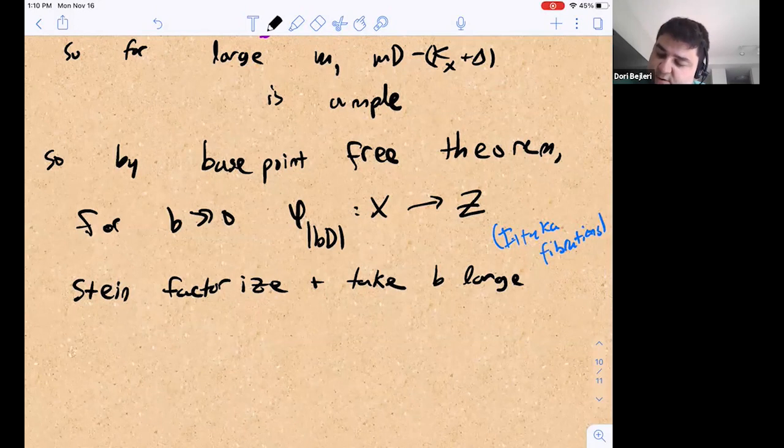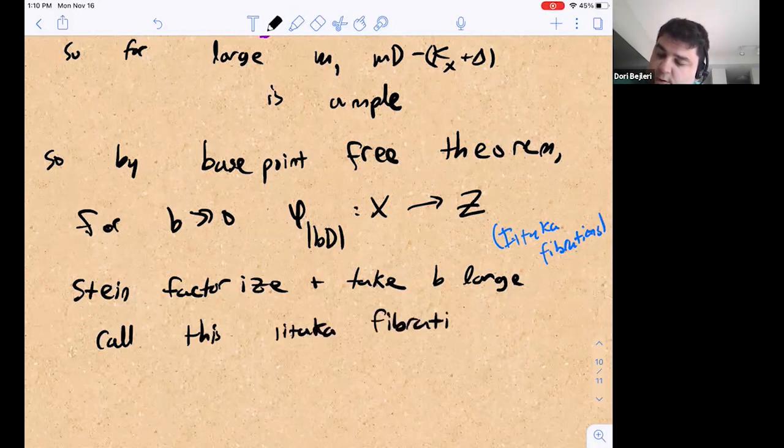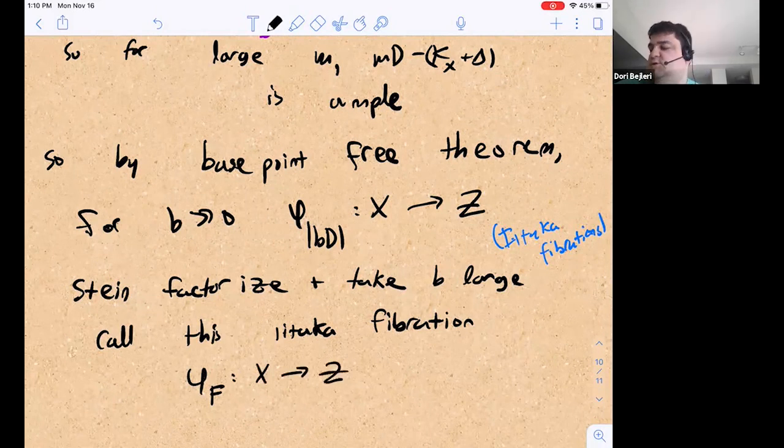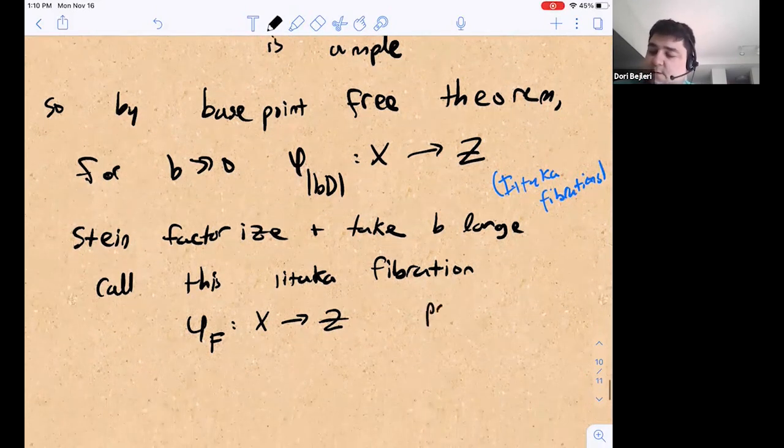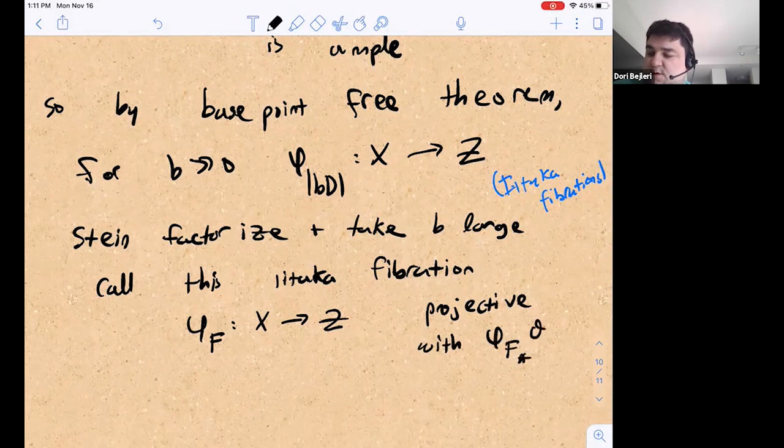So let's call it phi F. Because we Stein factorized, Z is normal, but everything's still projective. So this is a projective morphism with phi F lower star OX equaling OZ.